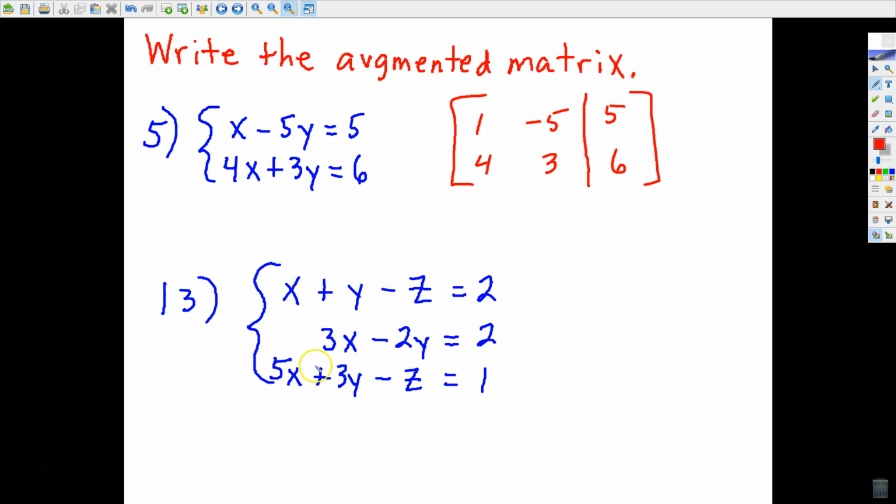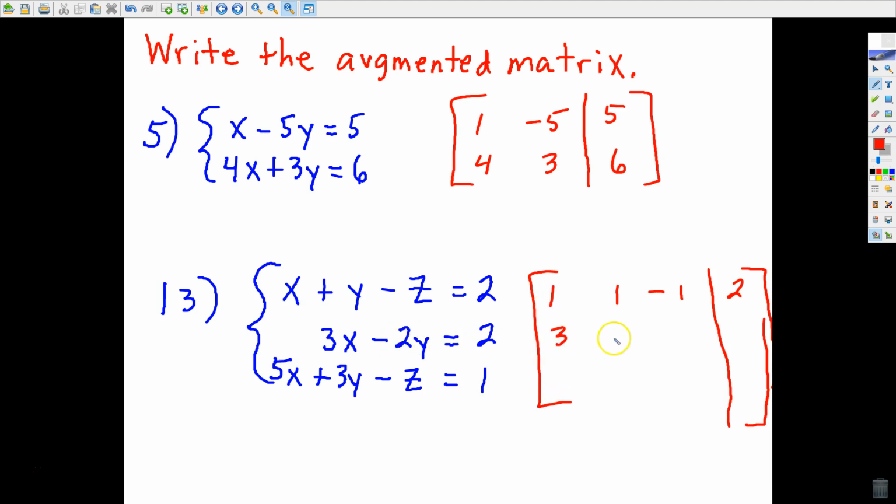So again, here's another example. It's just going to be a 3-variable system, but it's the same idea. The top row would be the coefficients 1, 1, and -1. And then we would draw our line essentially where the equal signs are and put +2. Close my brackets. Remember this first column should just be x coefficients.